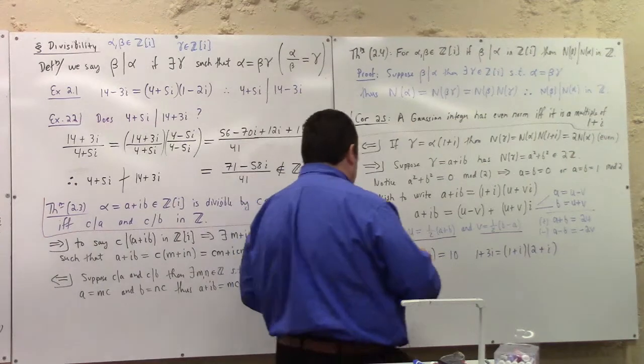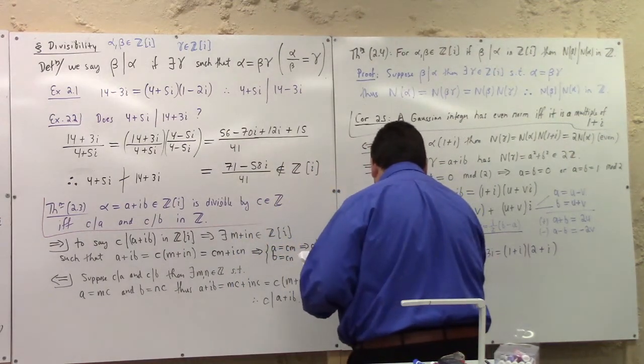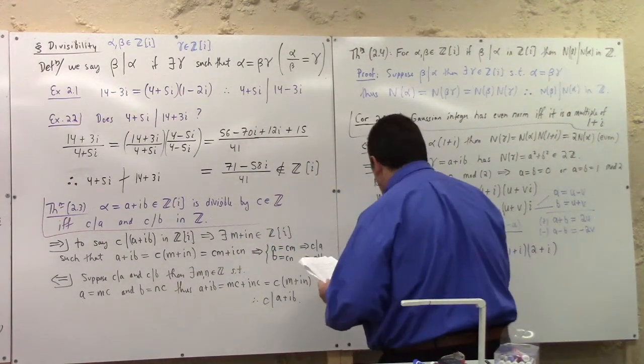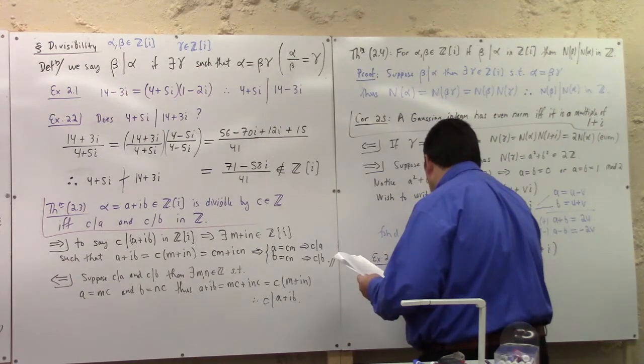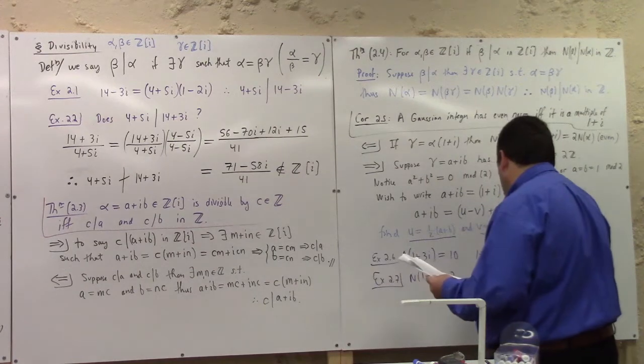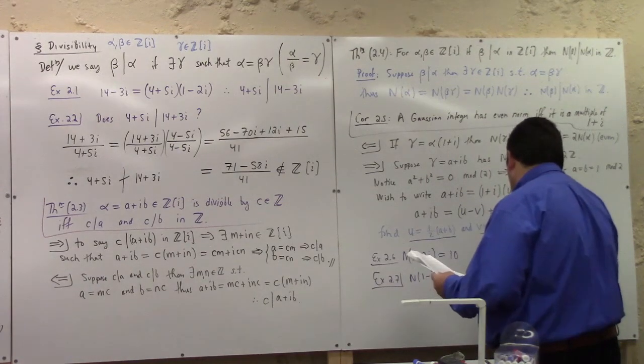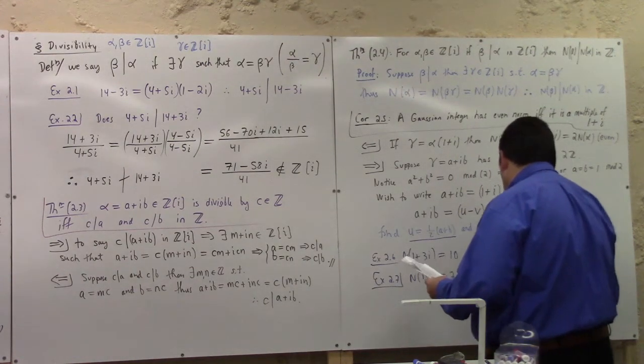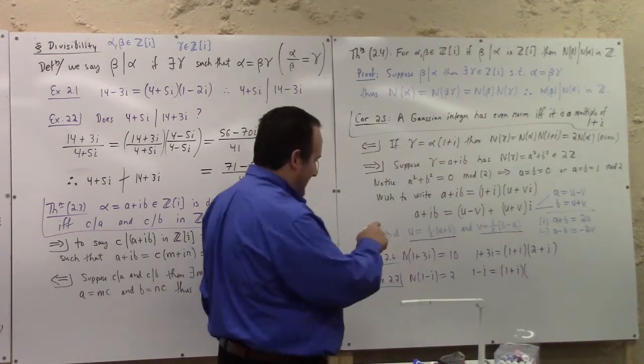And another example, the norm of 1 minus i is also 2, right? So notice that 1 minus i is equal to 1 plus i times what? Well, we can figure it out, right?